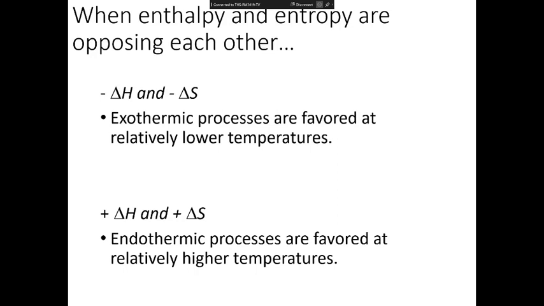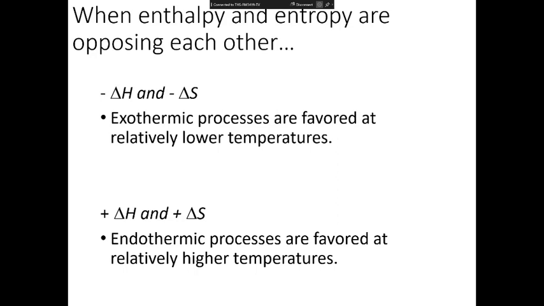But if the delta S is negative because the system's particles were becoming more ordered and less random, we've got a problem. Sometimes the reaction is favored and sometimes it's not. It depends on the temperature. And in a minute, we can actually find specifically that temperature for certain reactions.